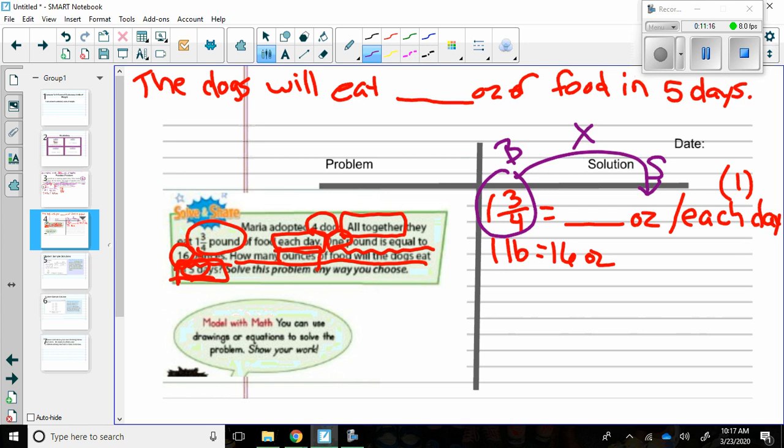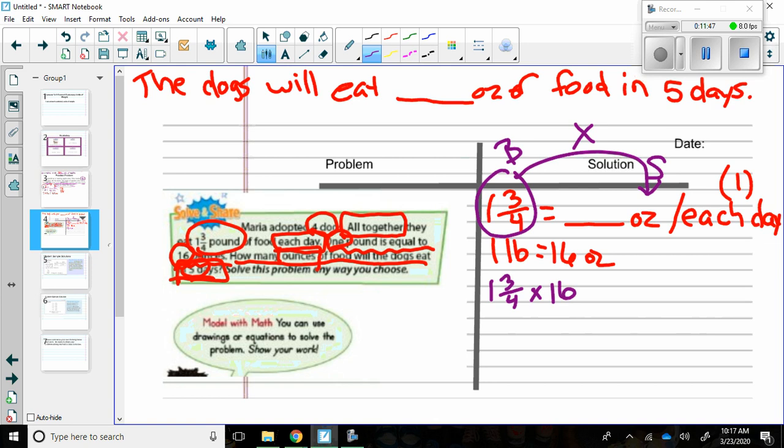Now, here's the trick. To solve this, of course, we know we need to multiply 1 3/4 pounds to get how many ounces. So even though it would look like this, we're going to have to kind of break this up to figure out how to convert the pounds and ounces to all ounces.